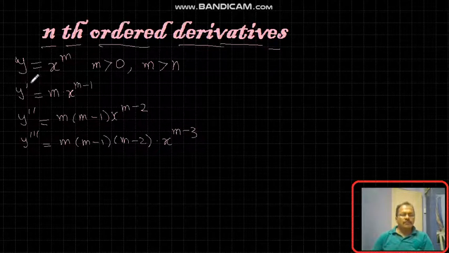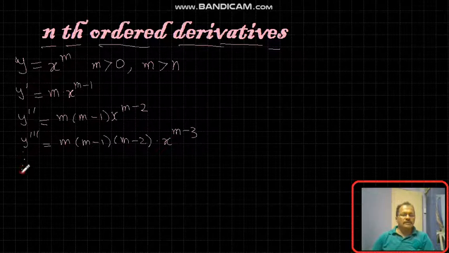Observe here, for the first derivative only one constant is here. For the second derivative, 2 constants. For the third derivative, 3 constants. For the third derivative the power is m minus 3. For the second derivative the power is m minus 2.